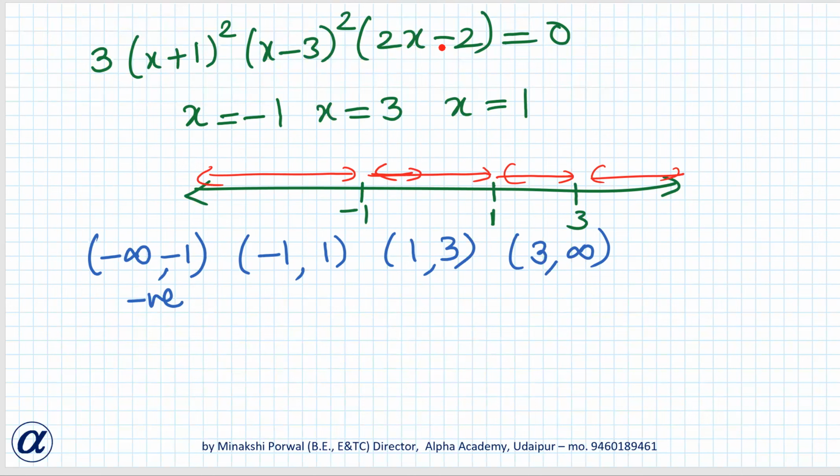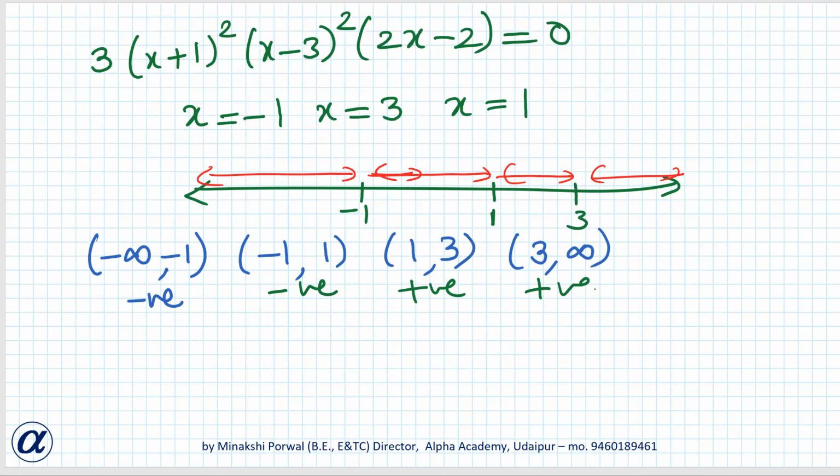-2. Okay, this is also coming negative. And from 1 to 3, suppose it is 2, so it is positive. And 3 to infinity, this is also positive.